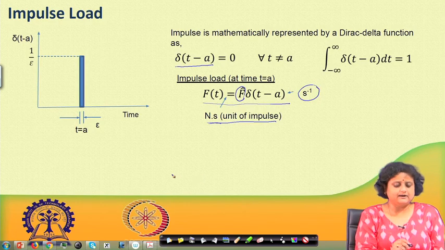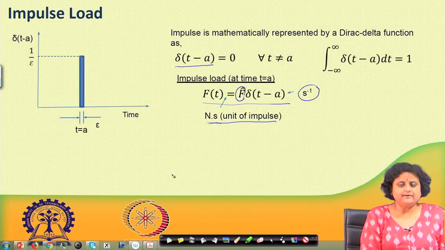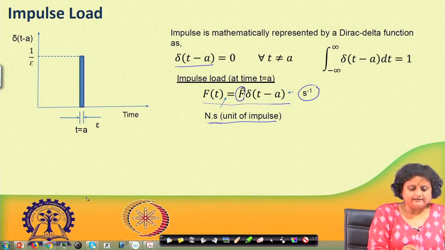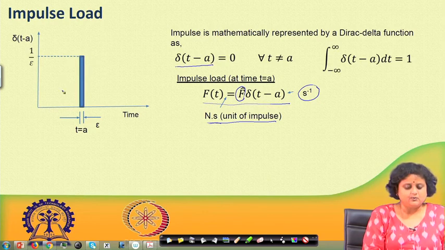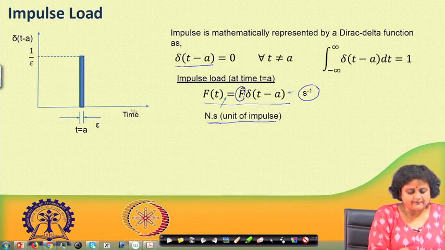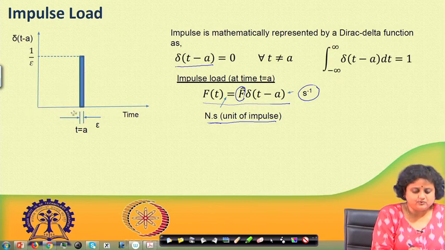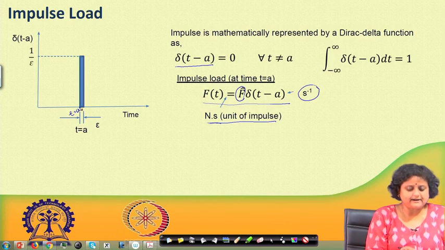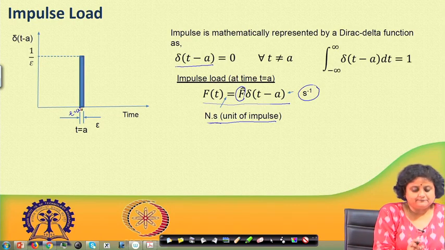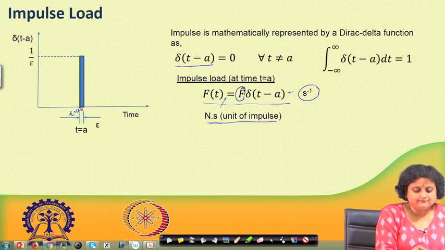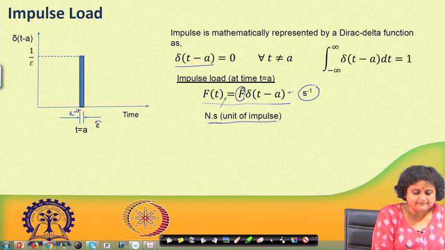This graph shows the pictorial representation of a Dirac delta function. The blue plot that you see here is the Dirac delta function. We see that it is 0 everywhere except at t equals a, and the width of the function, that is the time for which this function acts, is given as epsilon.